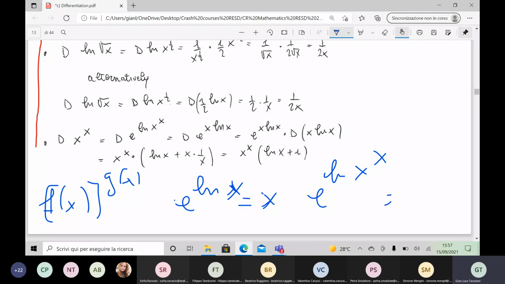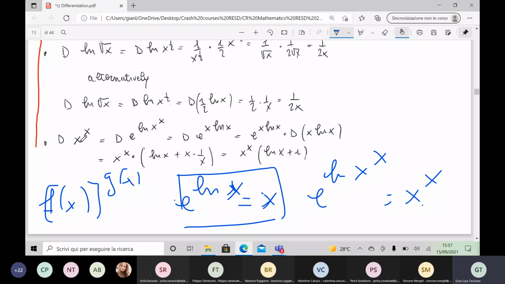Apply the property that we studied already. Remember, a to the power logarithm with base a of x is equal to x. So e to the power ln of p will be equal to p, where p is x to the power x. So I simply use the property of logarithm and exponential.